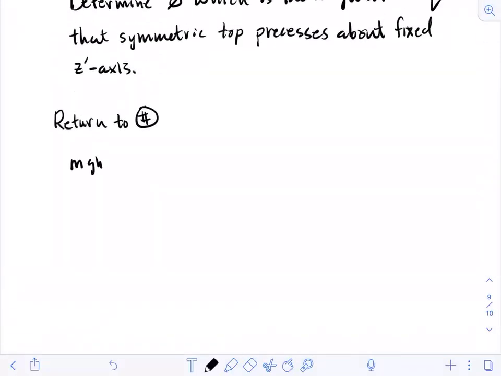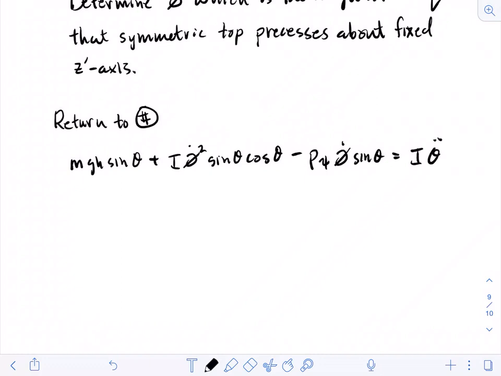It's mgh sine theta plus I phi dot squared sine theta cos theta minus p psi phi dot sine theta equal to I theta double dot. So that looks like a bit of a beast. It's complicated, but there are a lot of simplifications.